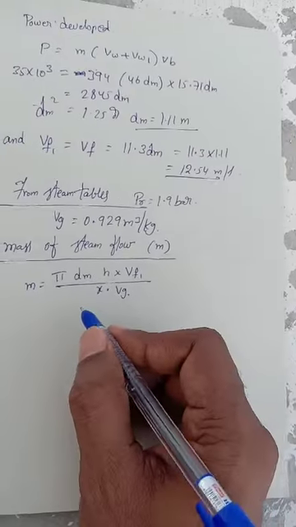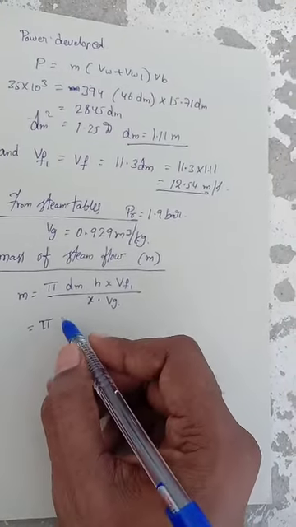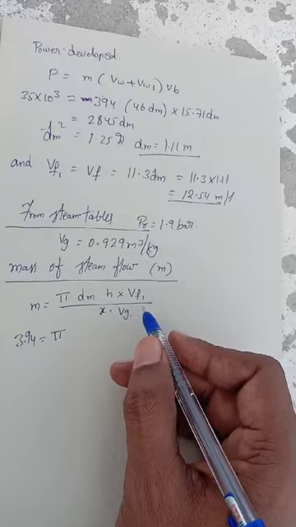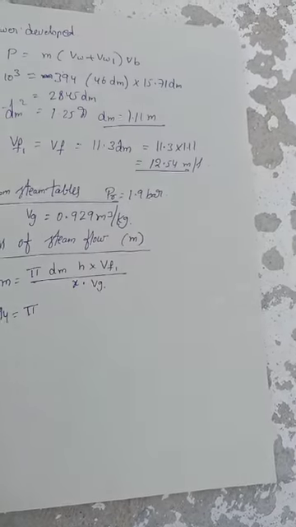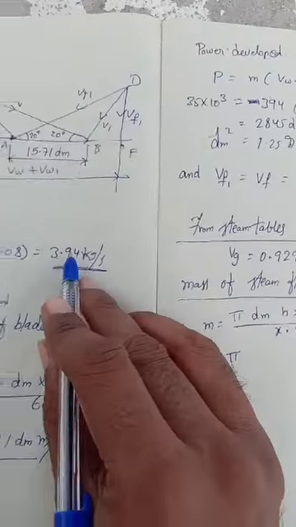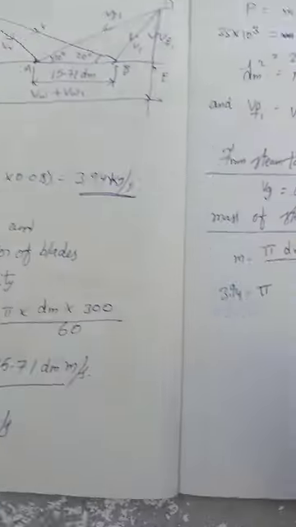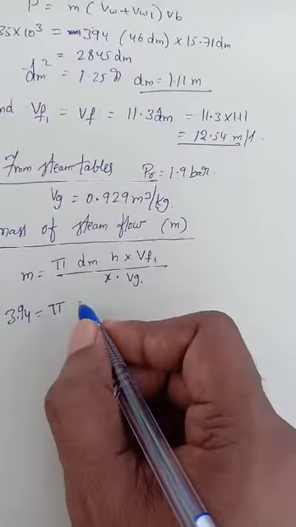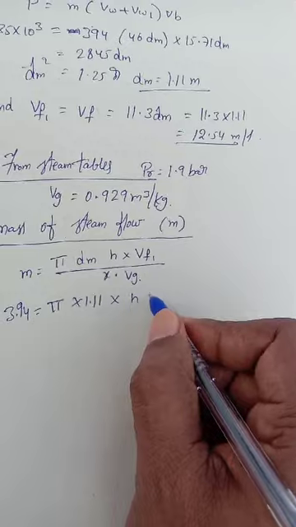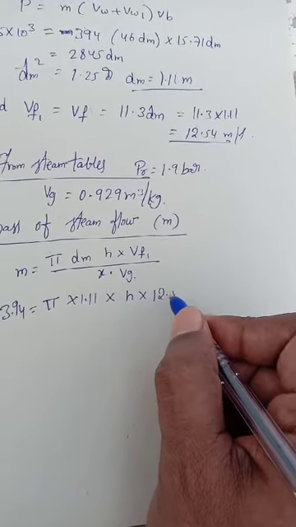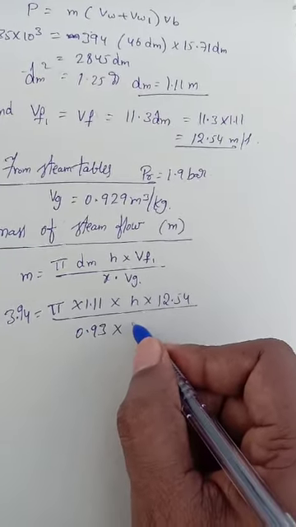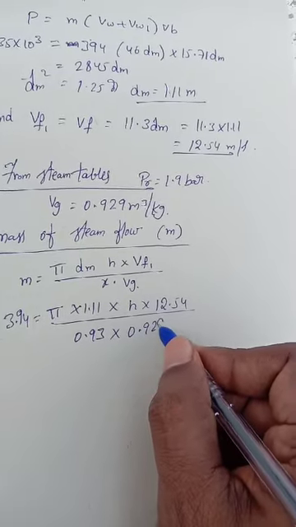Now I substitute these values here. m is equal to 3.94, and dm is equal to 1.11, h we don't know, Vf1 is equal to 12.54, divided by the dryness fraction given, and the specific volume we took from steam tables.